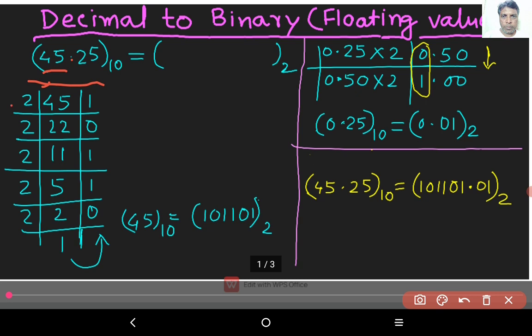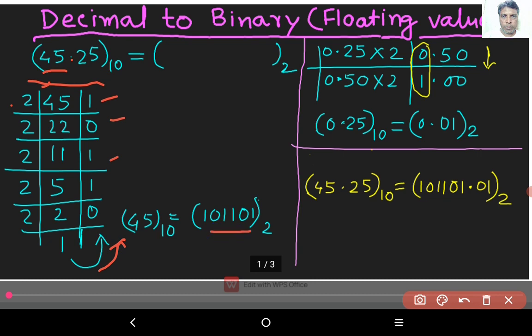Here we divide by 2, as we want to convert from decimal to binary, and binary has 2 digits, so we divide by 2 and collect the remainders. From below, we collect the remainders and make the binary form.